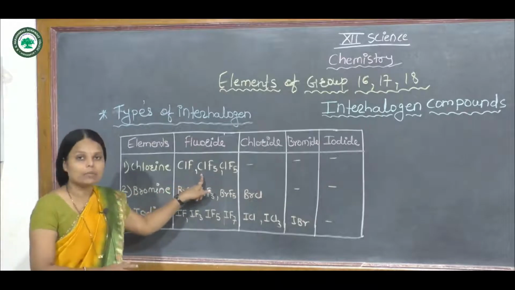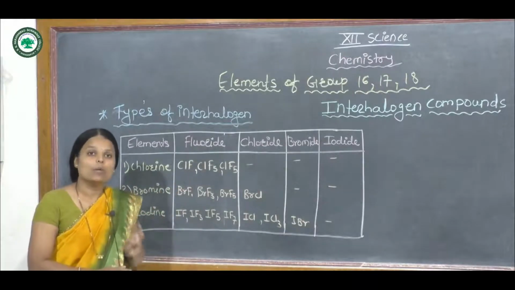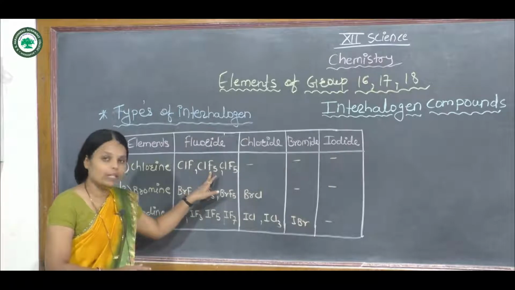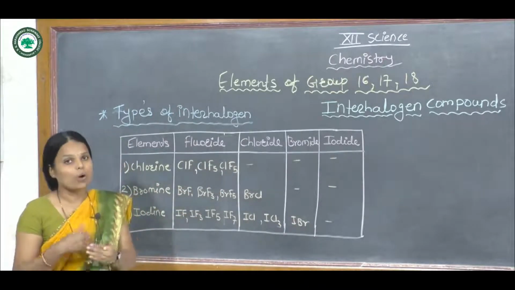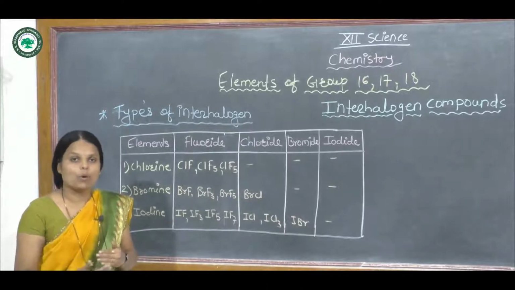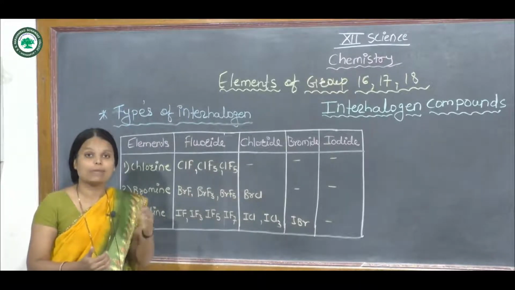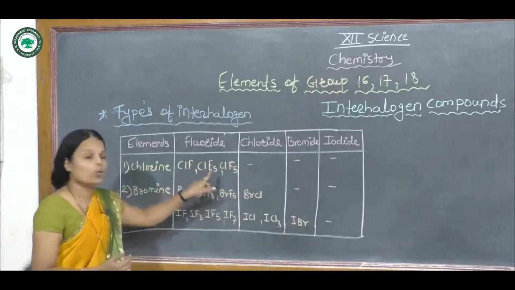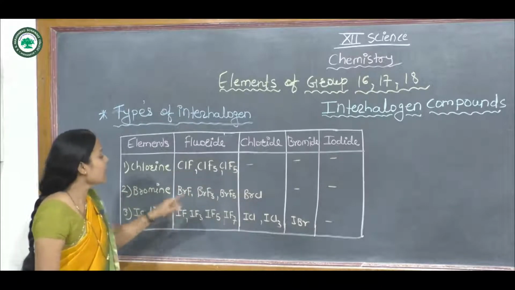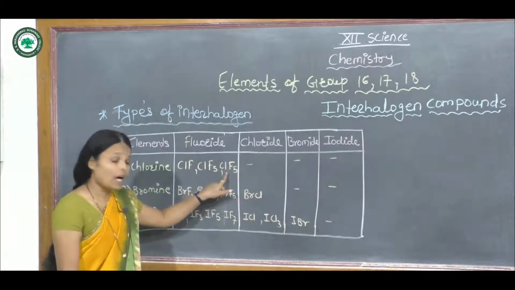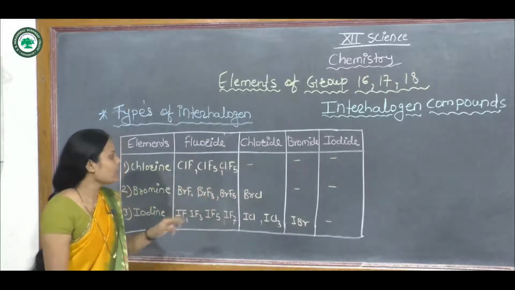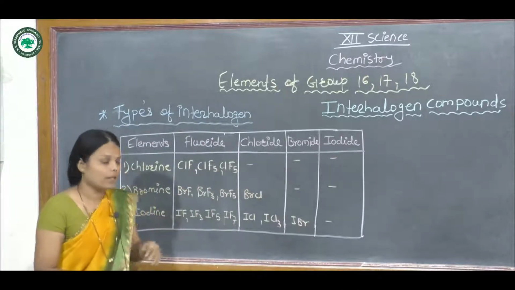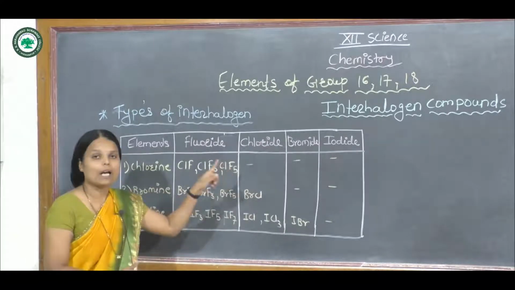One chlorine atom reacts with three atoms of fluorine and forms the interhalogen compound chlorine trifluoride. Similarly, chlorine reacts with 5 atoms of fluorine and it is called chlorine pentafluoride.